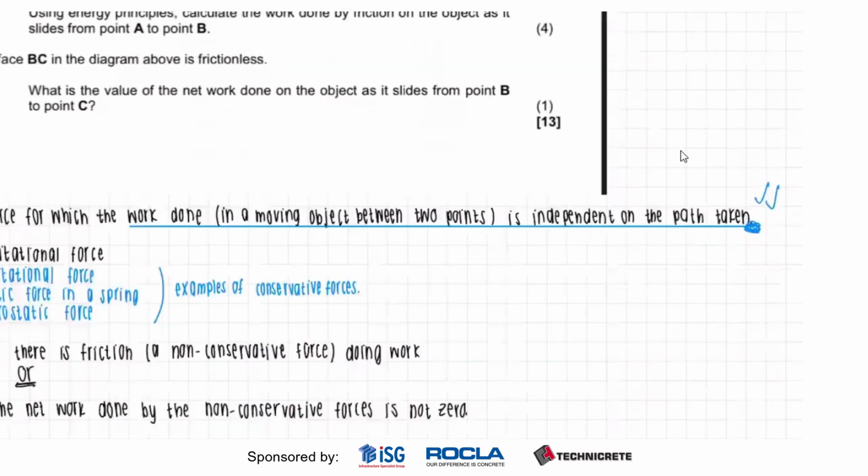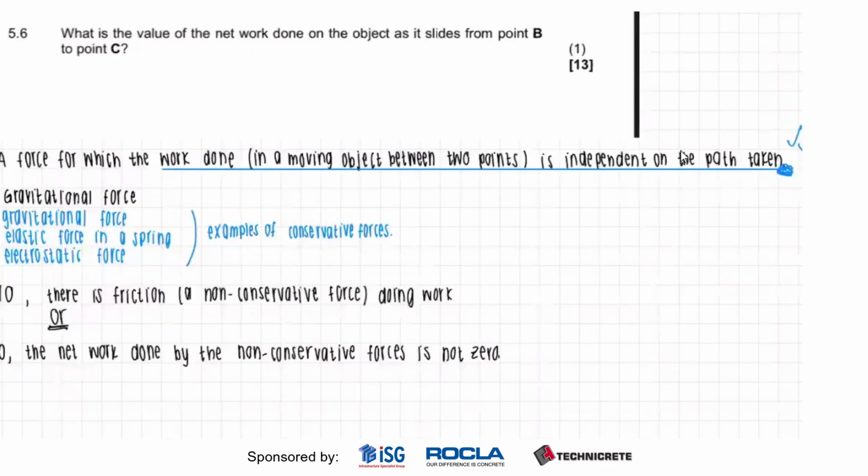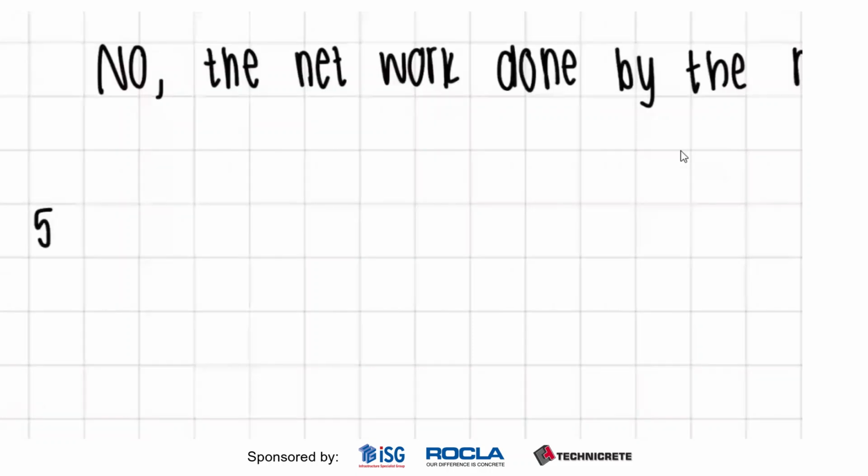The formula for gravitational potential energy is as follows.